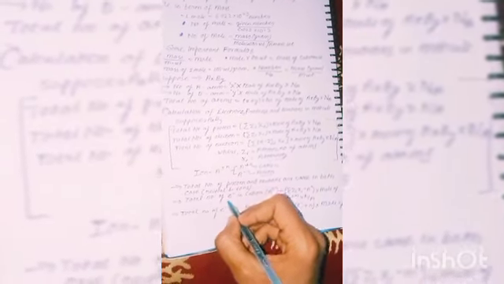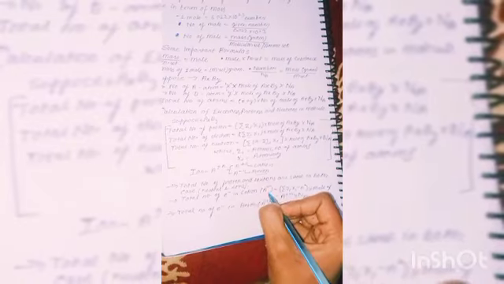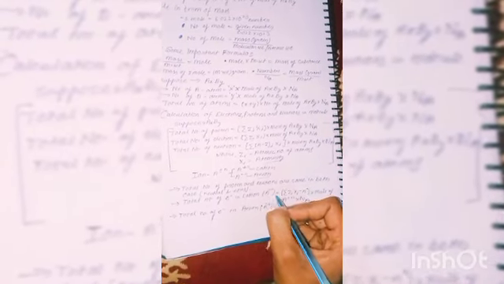So let's see. Total number of electrons in cation is equal to summation of atomic number of atoms into atomicity minus n, into mole of cation, into Avogadro number.